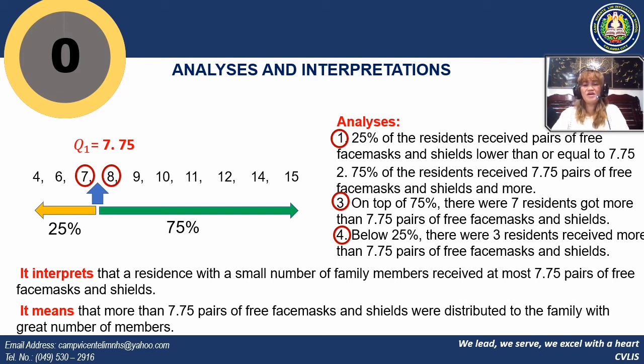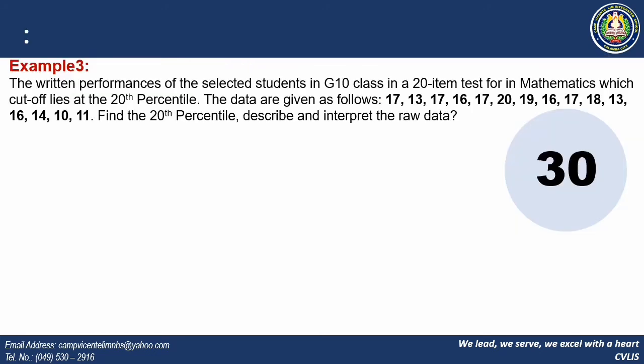Okay, so I hope that you got them all and be ready and prepared for the last activity. For the last example, we have to solve for the 20th percentile, then describe and interpret the raw data.